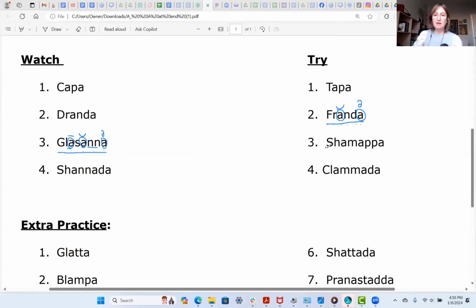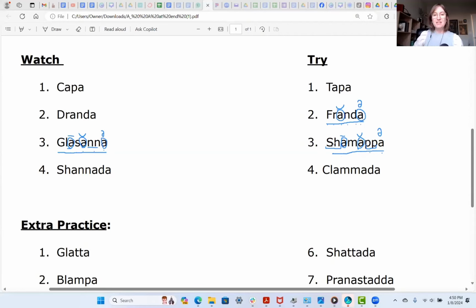Remember, this digraph says sh, and it only gets 1 sound. Okay, so the sounds are shh. Remember, that's a quiet sound.